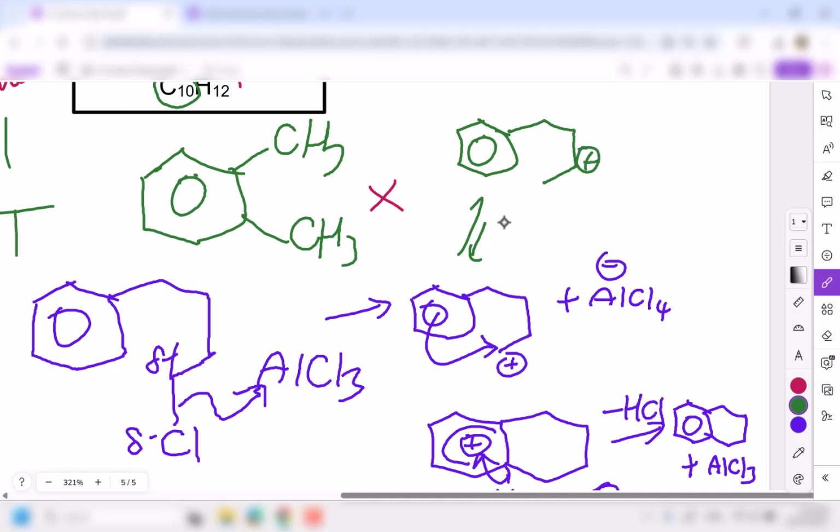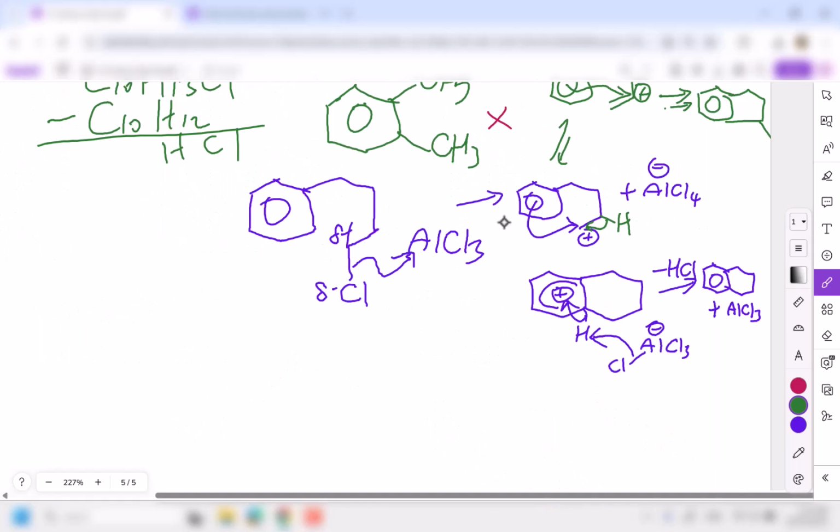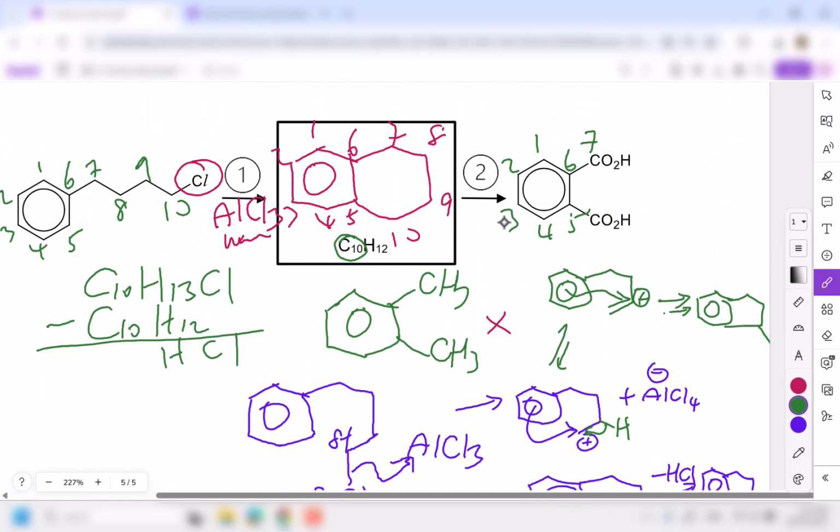Hydride shift simply looks something like this. The H will just shift here to produce a more stable secondary carbocation, and then they will attack. So eventually you'll end up with this as the intermediate. Whether you draw this or this, it doesn't matter, because I will get the same product eventually if I perform side chain oxidation.